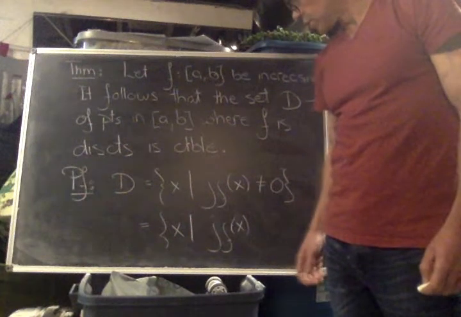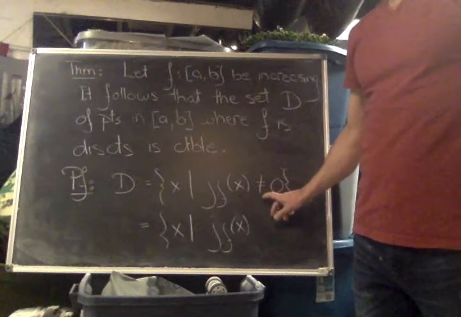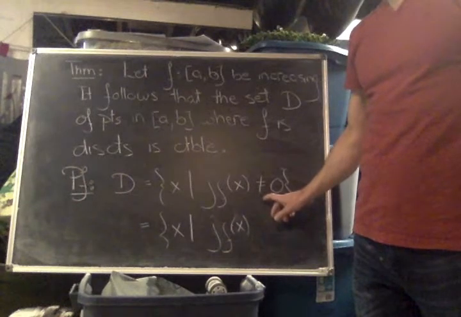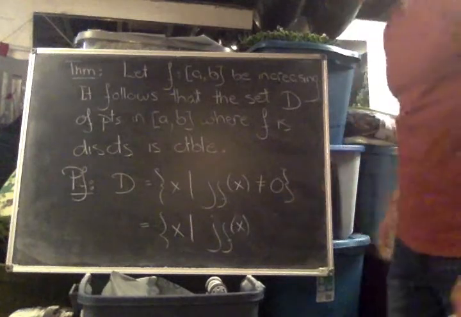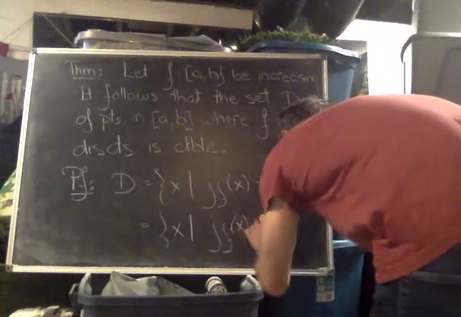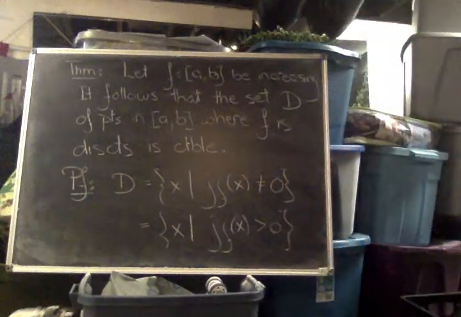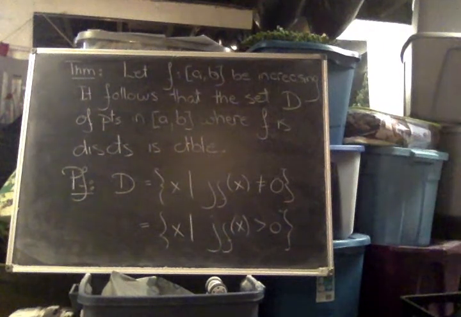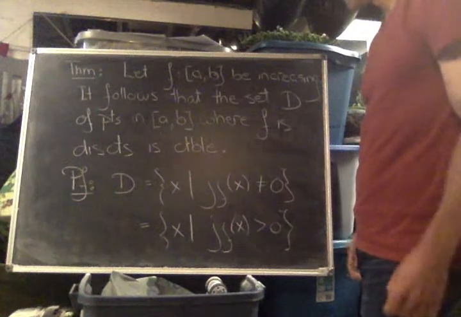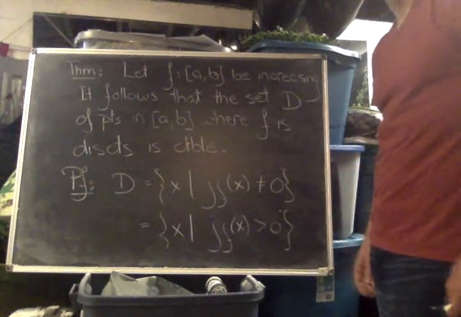So if the jump fails to be 0, which is exactly what it means to be discontinuous at X, then it more than just fails to be 0. In fact, it has to be strictly greater than 0. So this is a characterization of the set D of points that we are looking for. It's the collection of all points in the interval AB such that the jump at that point is strictly bigger than 0.